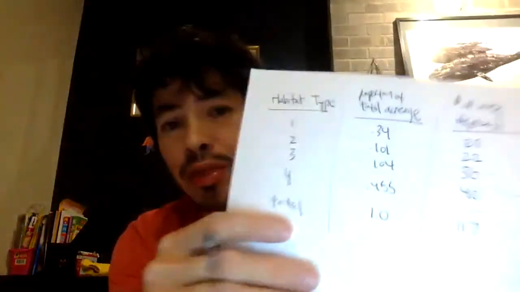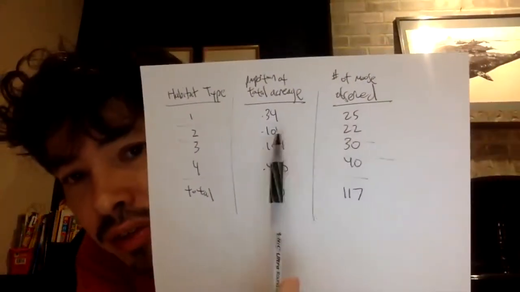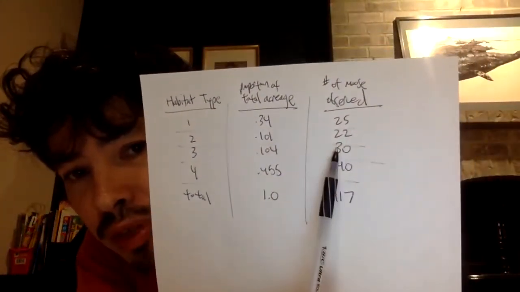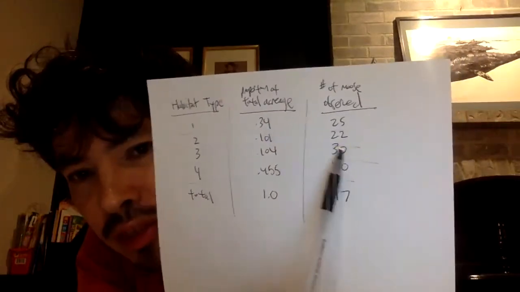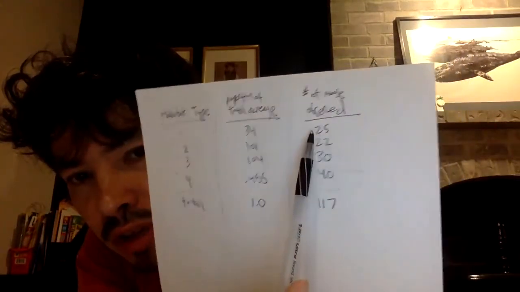And you could see, just looking at this problem, that 34% of the acreage is habitat 1, but only 25 of the moose are there. Seems like it should be more than 25. Where habitat 3 is only 10%, but has 30 moose. So there are more moose in habitat 3 than habitat 1, 30 compared to 25.